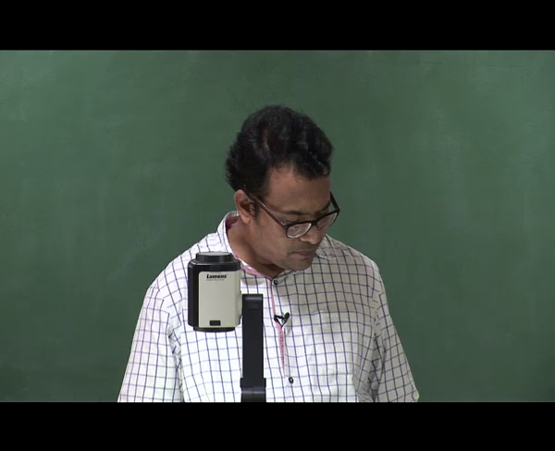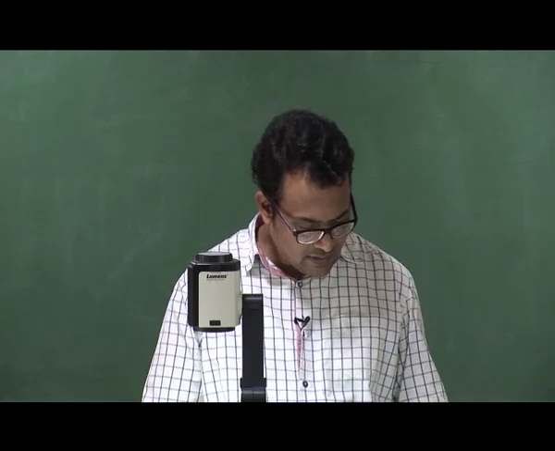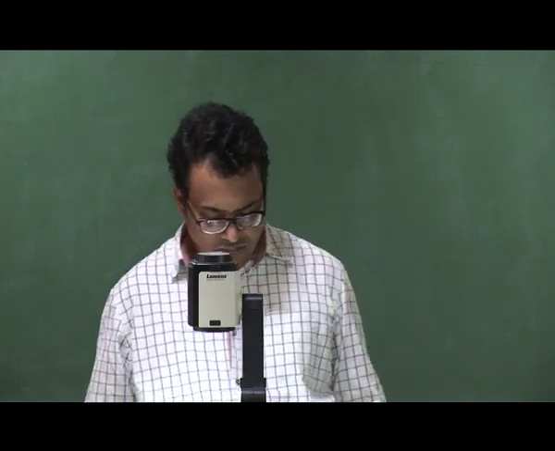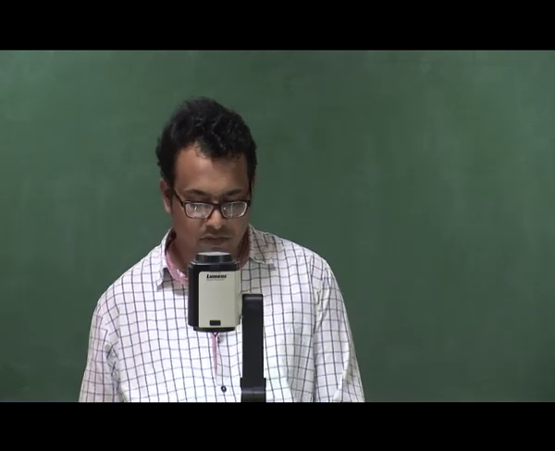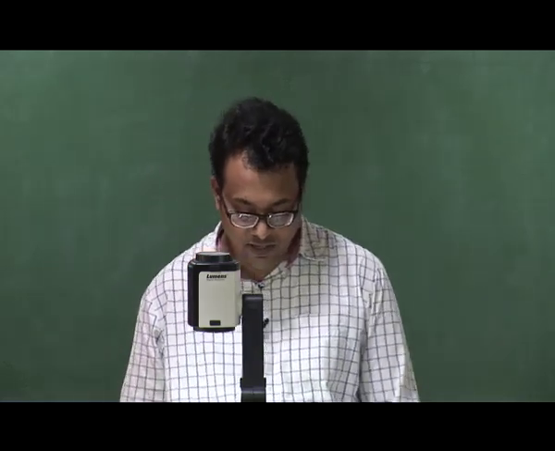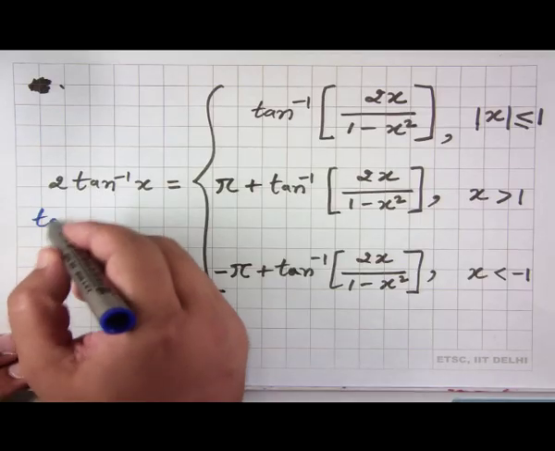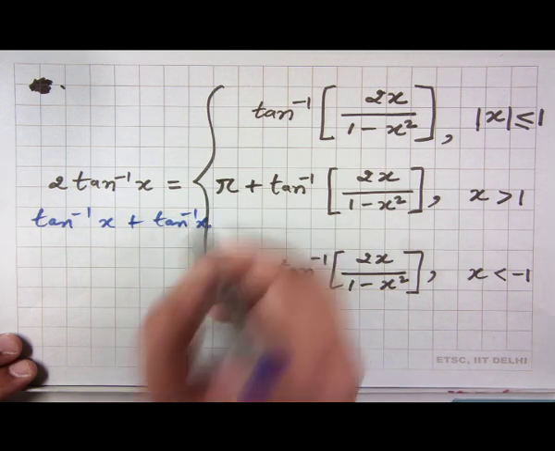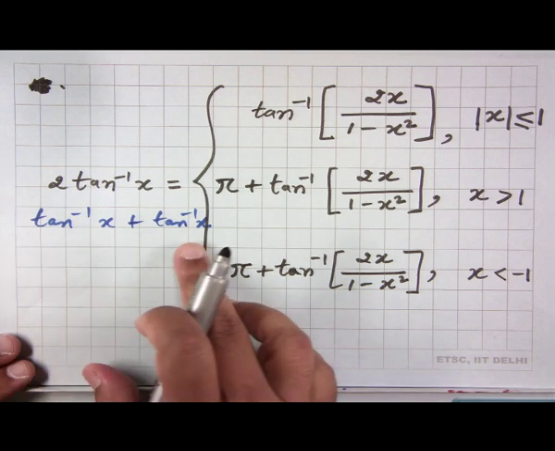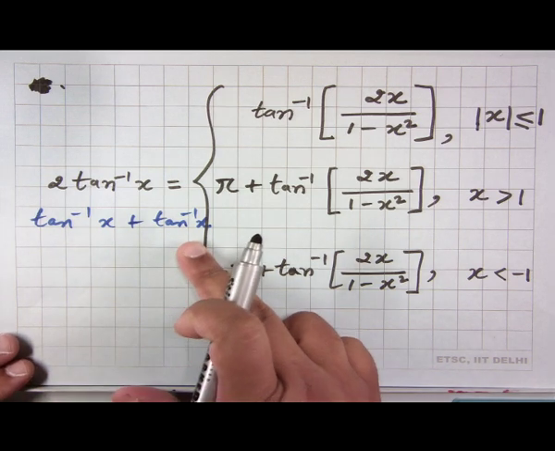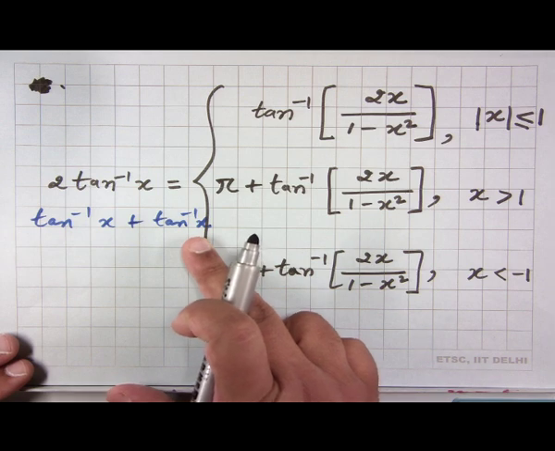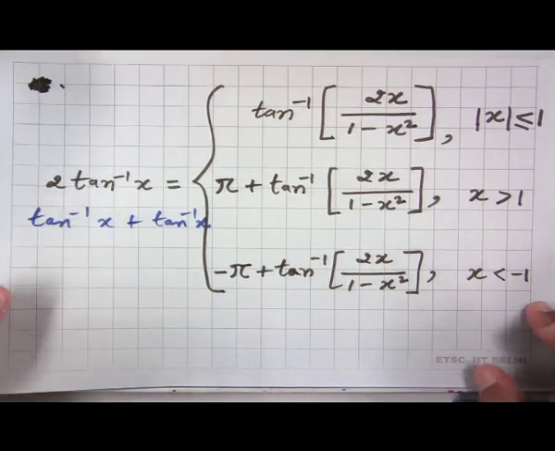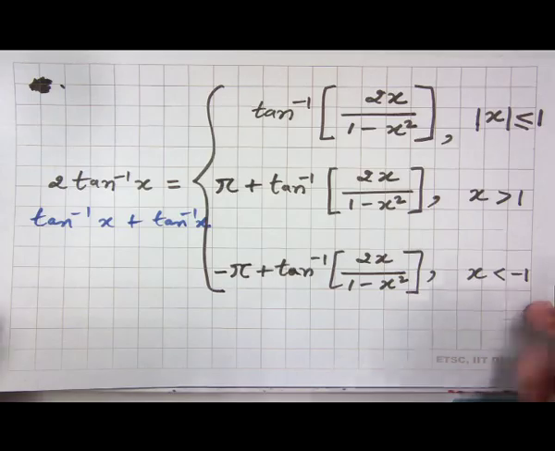And then of course, from tan inverse x plus y, it is very easy to derive expressions, for example 2 tan inverse x, because we can write it as tan inverse x plus tan inverse x, and then use the tan inverse x plus tan inverse y formula with y equal to x, and this is what we are going to get in that case. So, it is going to be a little exercise for you to verify this.